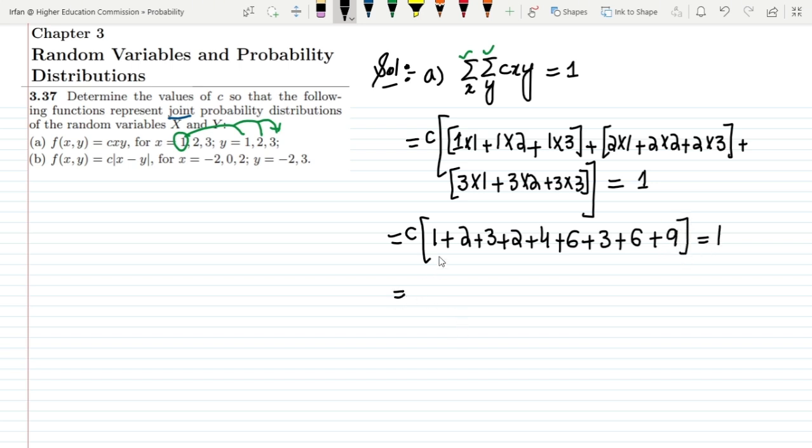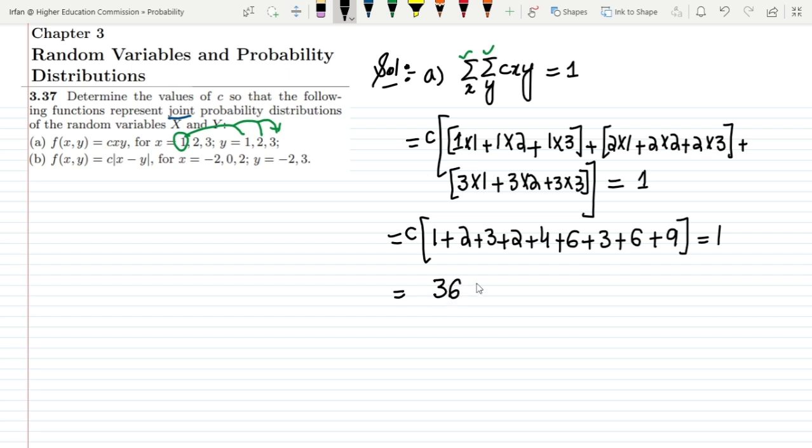So in order to find the value of c, let me add them together. 1 plus 2 is 3, 3 plus 3 is 6, 6 plus 2 is 8, 8 plus 4 is 12, 12 plus 6 is 18, 18 plus 3 is 21, 21 plus 6 is 27, and 27 plus 9 is 36. So now we have this equal to 36.